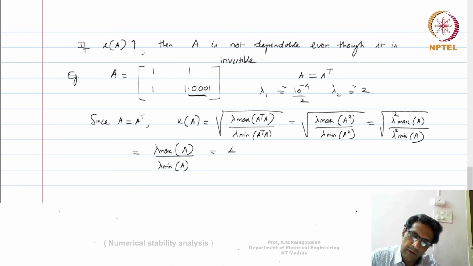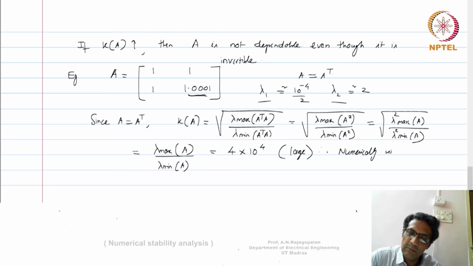The maximum eigenvalue 2 divided by the minimum gives 4 into 10 power 4, which is very large. Therefore, it is a numerically unstable matrix.